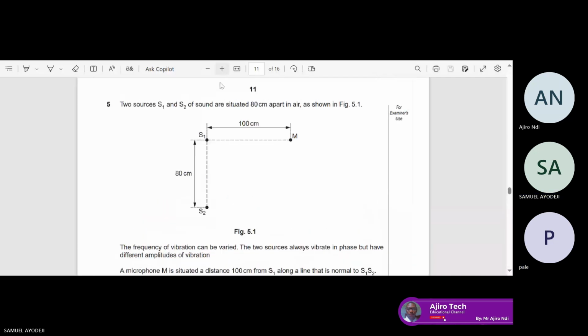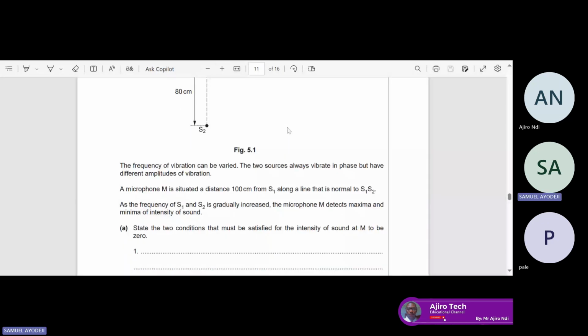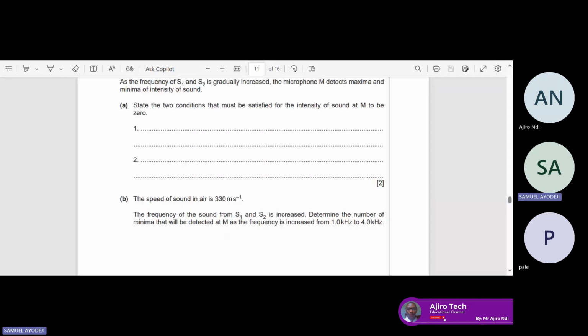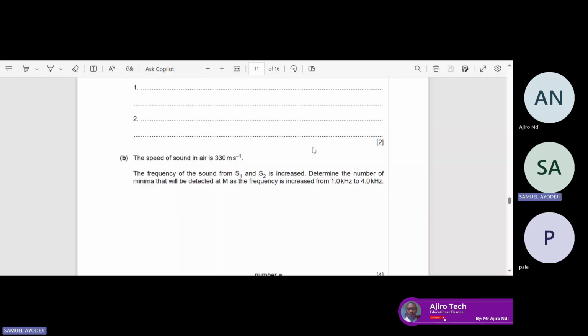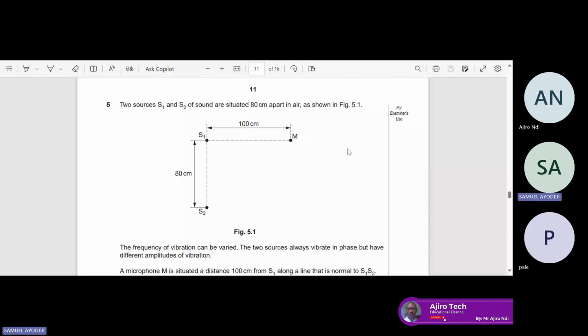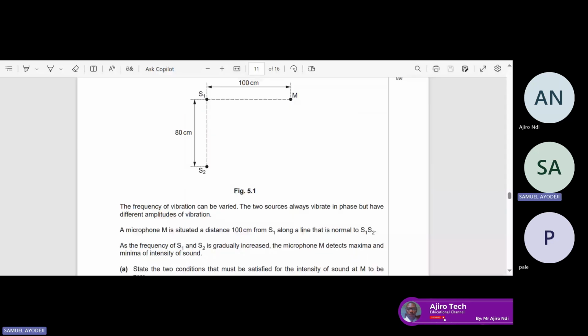Now we have: state the condition that must be satisfied for the intensity of the wave to be 0. That means the amplitude is 0. If the intensity at that point is to be 0, that is the overall intensity, that means the amplitude is 0.